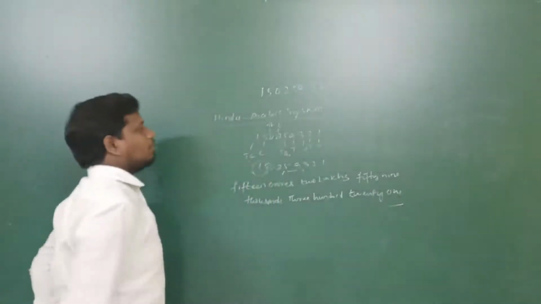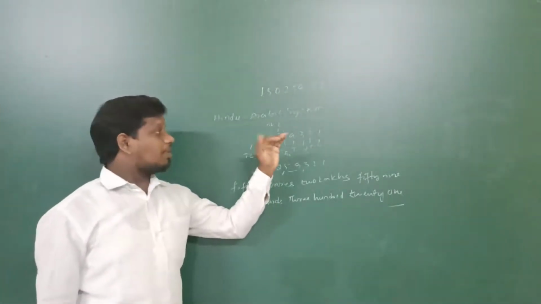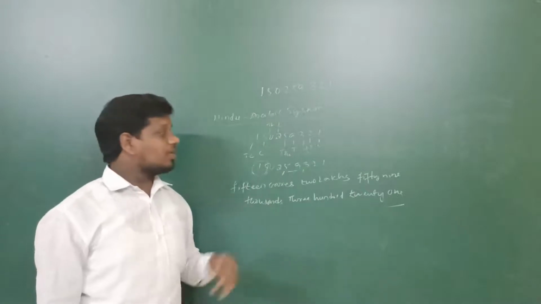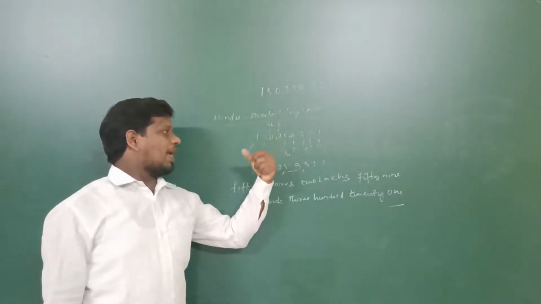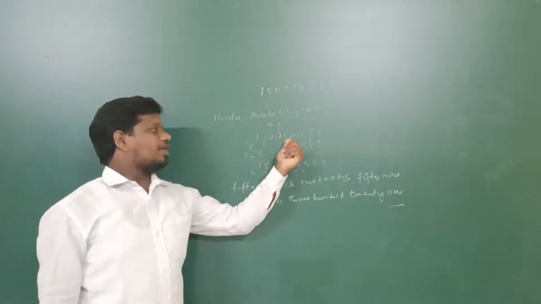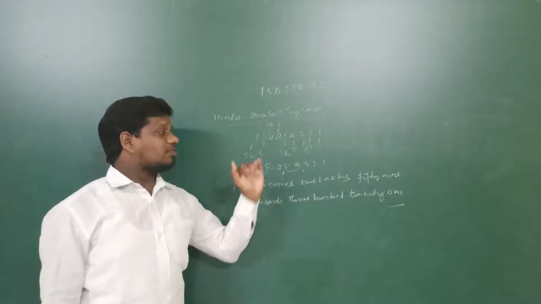So like that we have to express the number in the form of the Indo-Arabic system: 15 crores, 2 lakhs, and 59,321. So like this we can express.